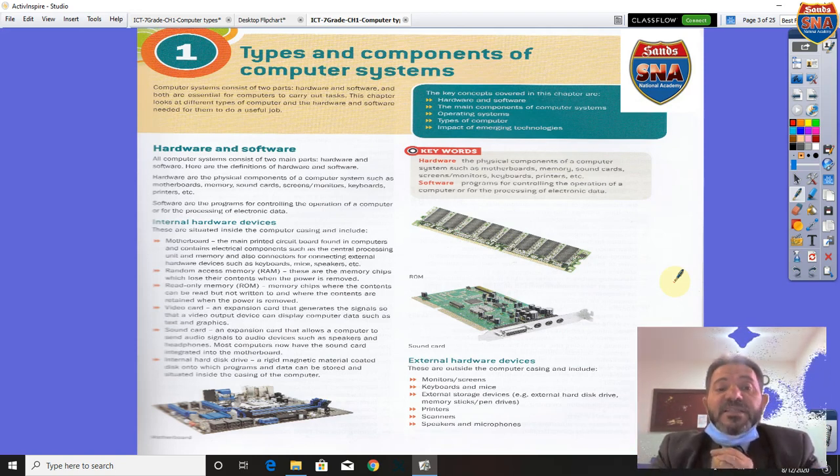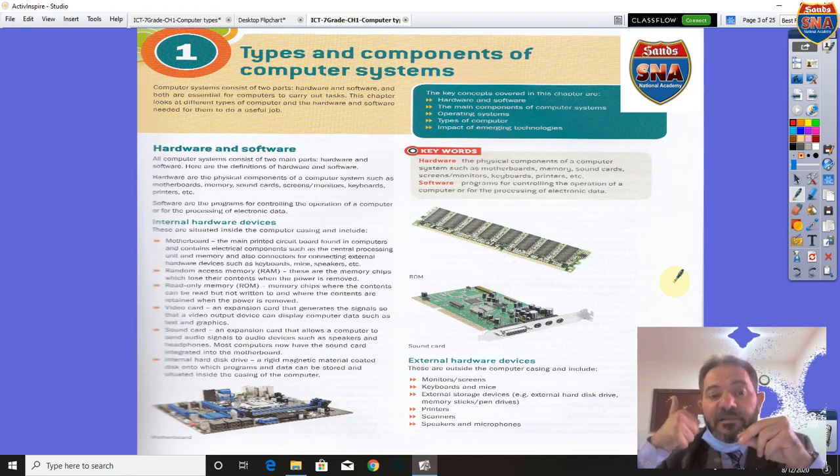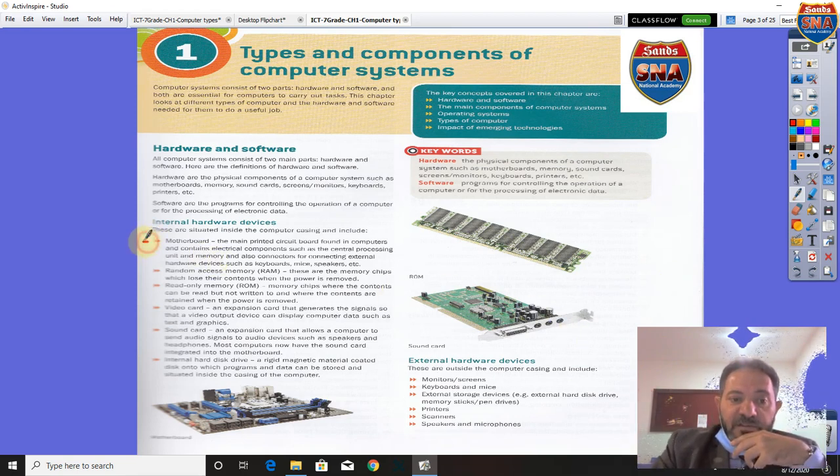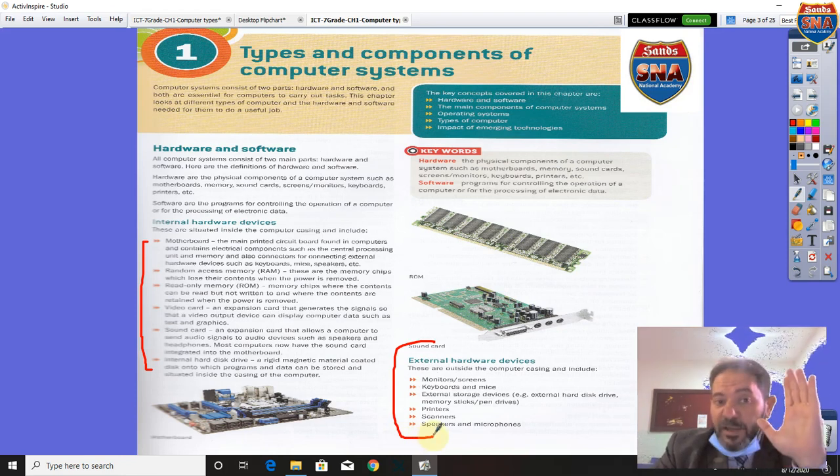Okay guys, let's start with the hardware, the physical part. The physical part contains two main sides: either internal hardware devices or external hardware devices.